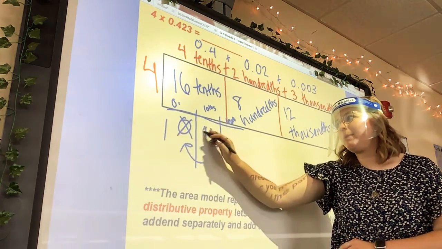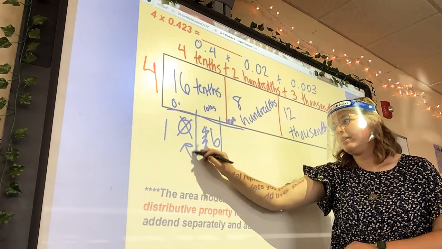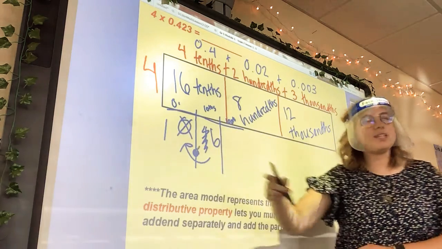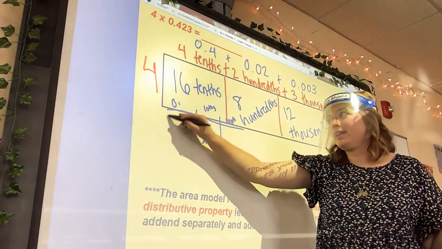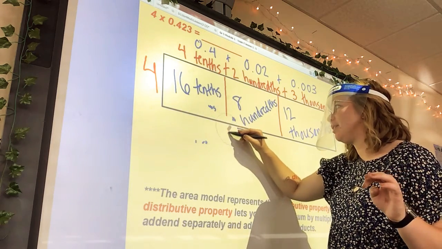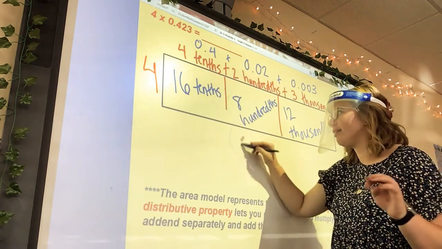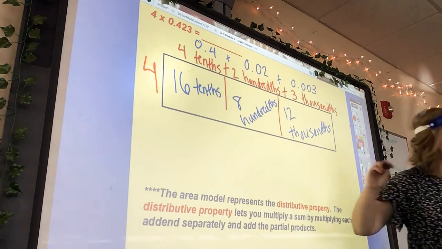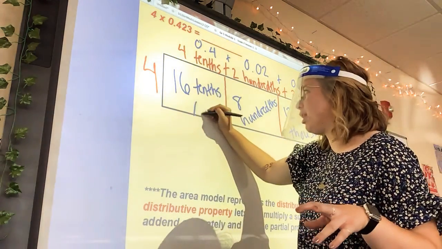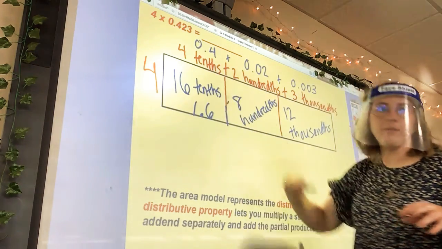So then it becomes 1 and 6 tenths, right? So 16 tenths is actually 1.6, because I can't have 2 digits in a place value. Does everybody understand how I got that? If you don't, now is the time to ask. Okay, so 1.6 is the standard form of that.